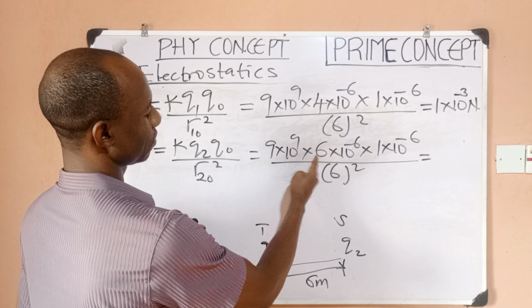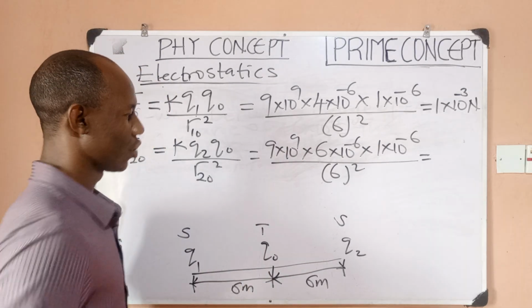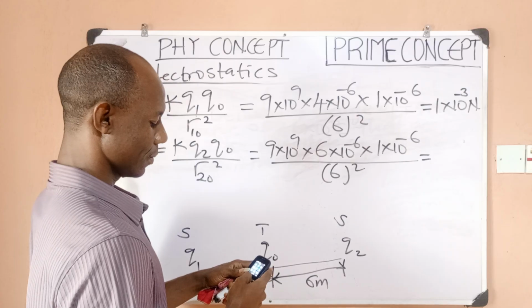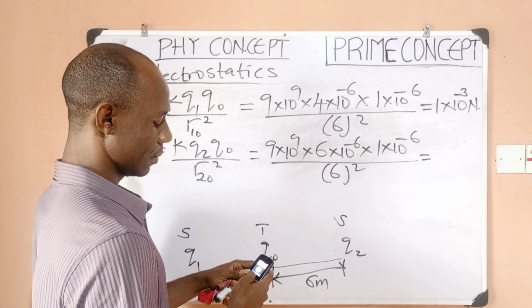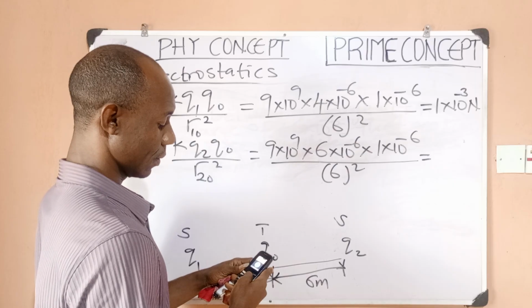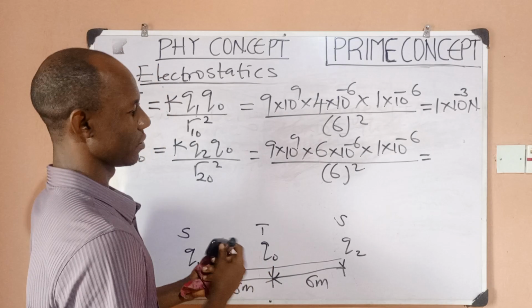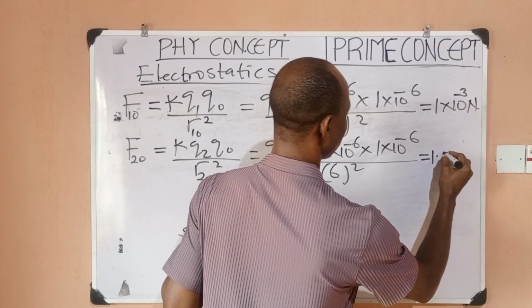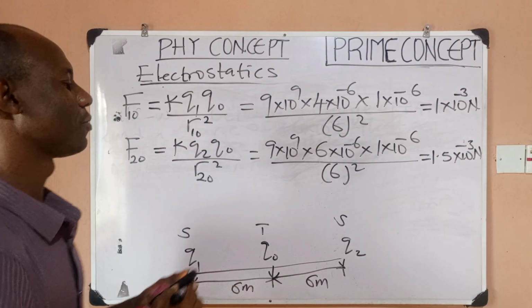Let's punch quickly: 9 times 6 divided by 36 gives 1.5. So 1.5 times 10 to the power minus 3. So that is the force.